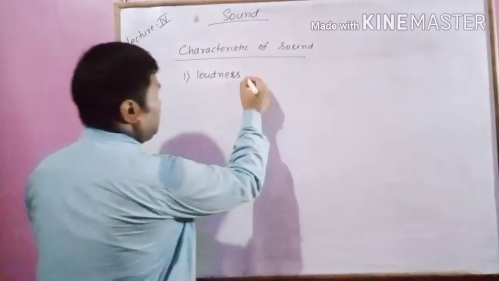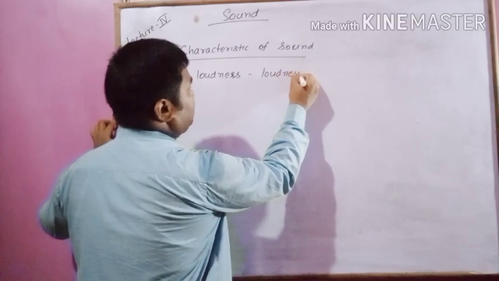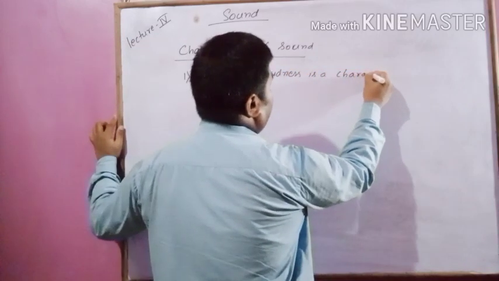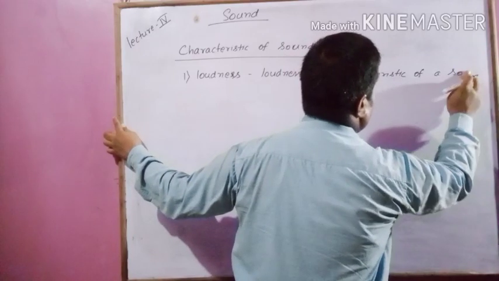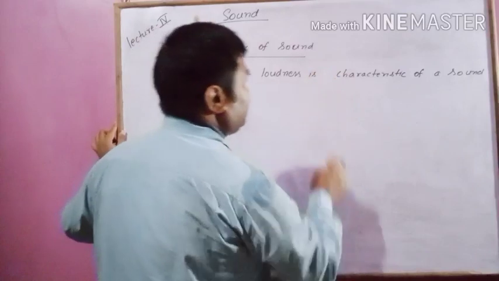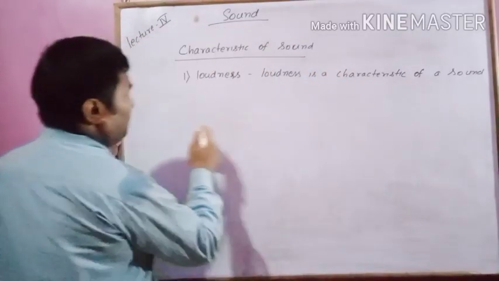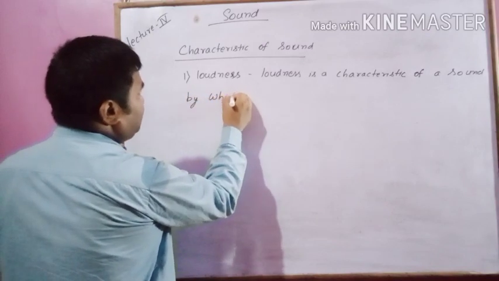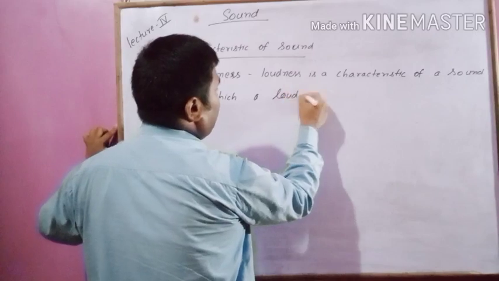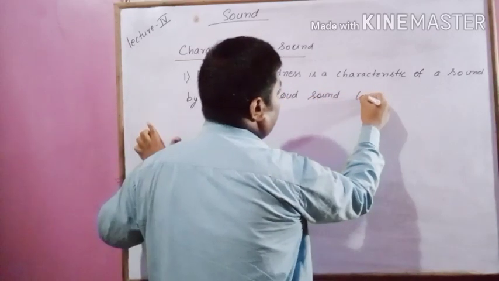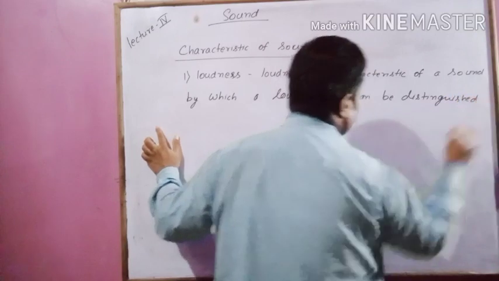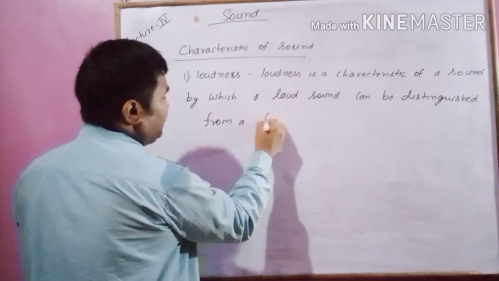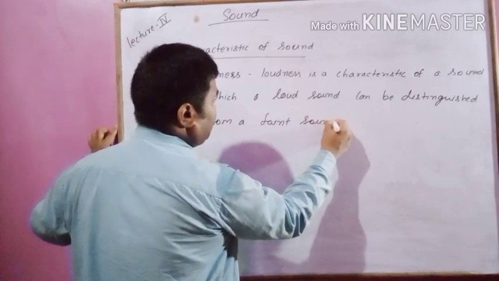What is loudness? Loudness is a characteristic of a sound by which a loud sound can be distinguished from a faint sound.